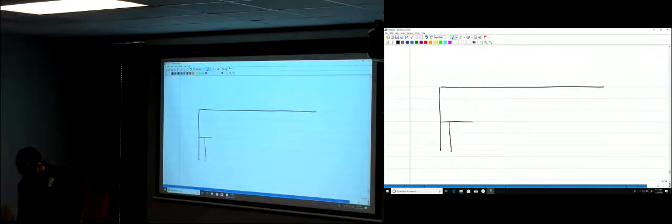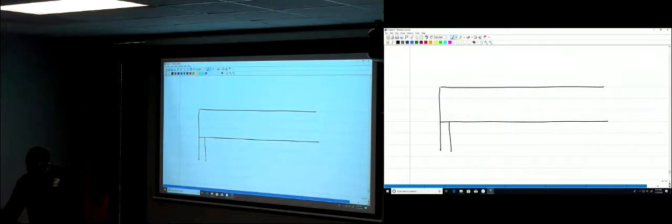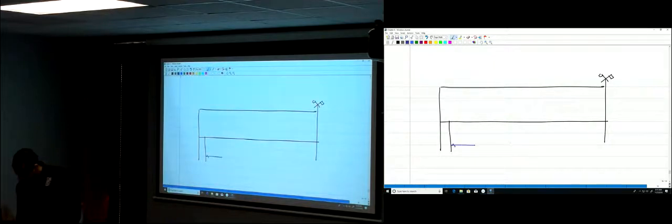So your beam looks like this. That's the face of the column. This is the center line of the beam. How much is that distance from the beginning to the center? That's 84 inches.